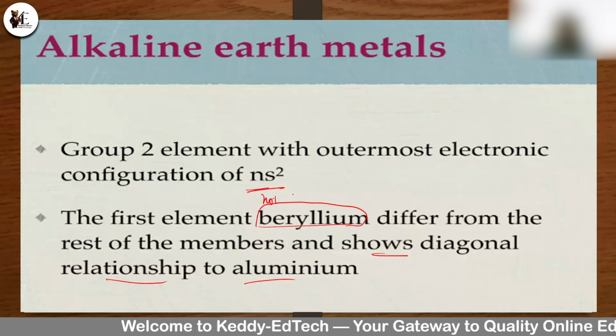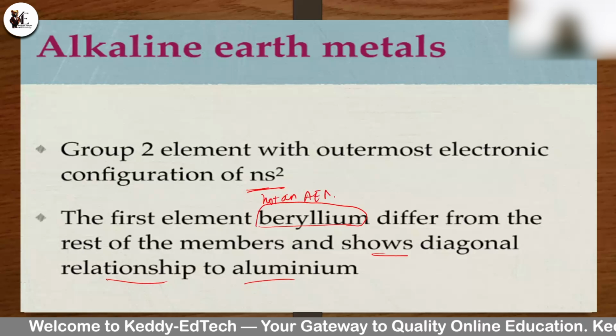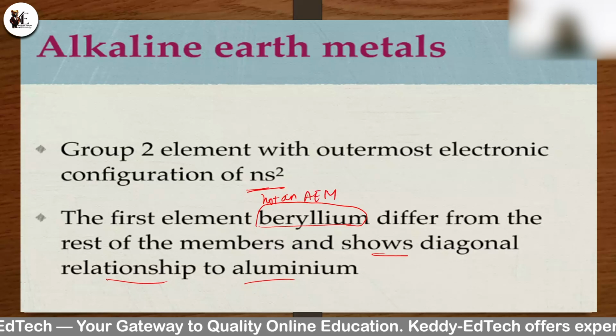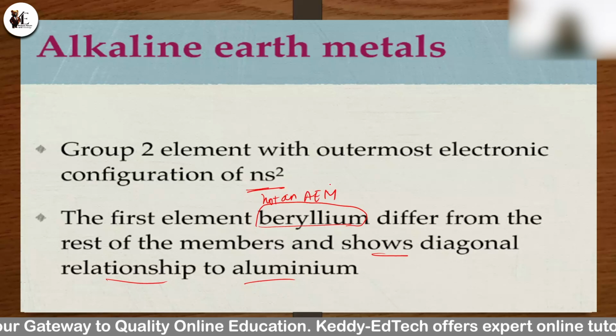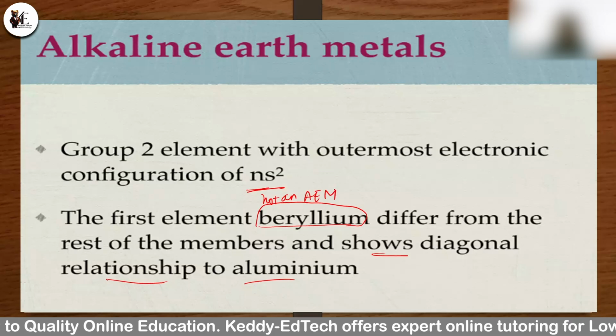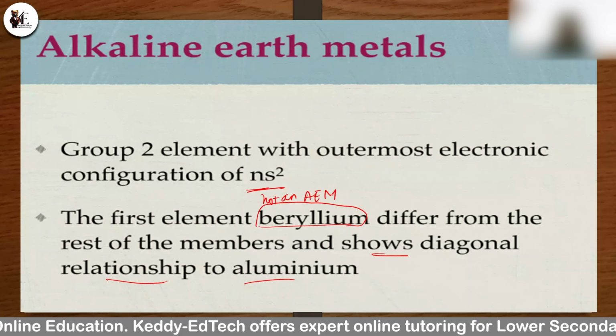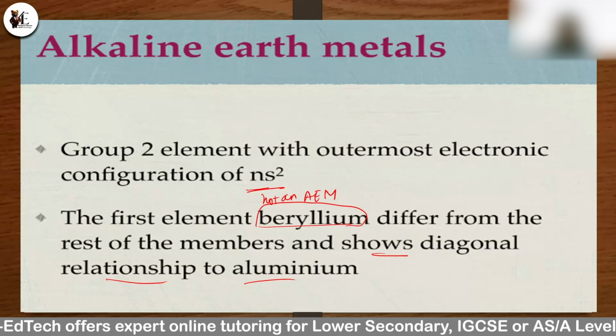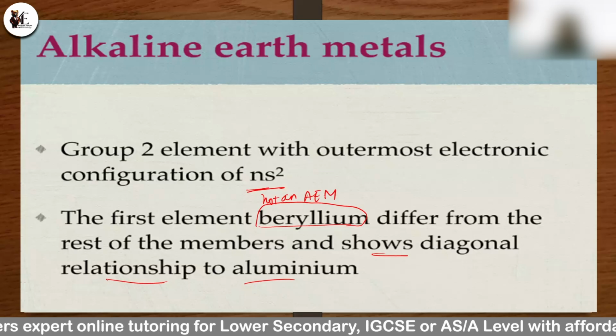Beryllium is not an alkaline earth metal. Also, its properties are different from the rest of its members. It shows properties similar to aluminium. The question may land up in your exam like this: why does beryllium differ from the rest of the members and show a diagonal relationship to aluminium?